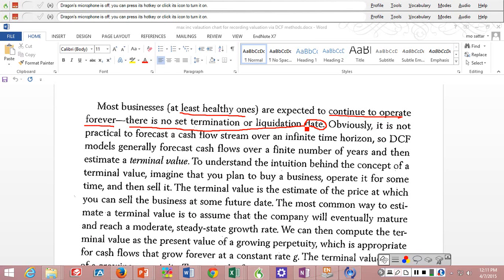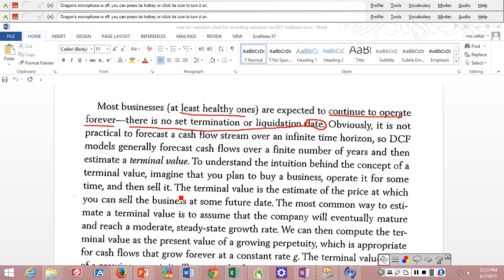If you go back and think of Max Inc., we did the analysis where we had done the forecast for 10 years. But the question is, how will we figure out the value of this business after the 10th year? This is where the terminal value conversation comes into play.